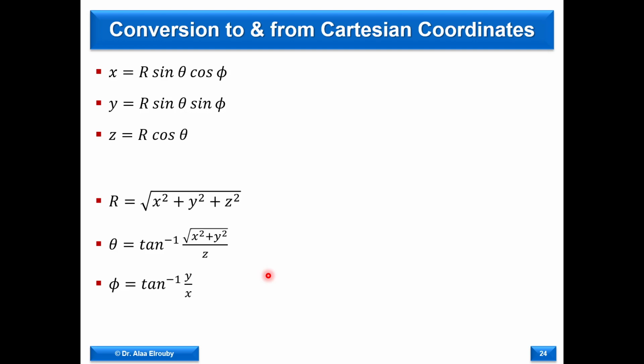So Ax equals the vector A dot a_x. Ay is the projection of the vector in the y direction, which equals the vector A dot a_y, and so on and so forth. So the idea of converting a vector is the idea of projecting: projecting from one coordinate system onto the unit vectors of the other coordinate system and working out the geometry.